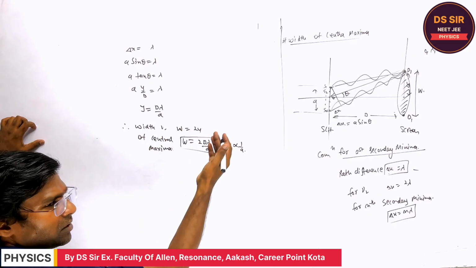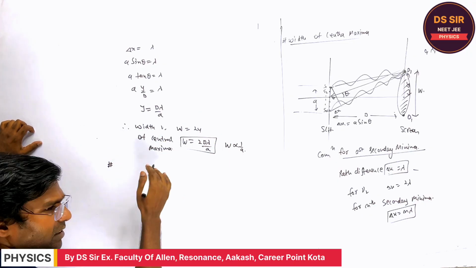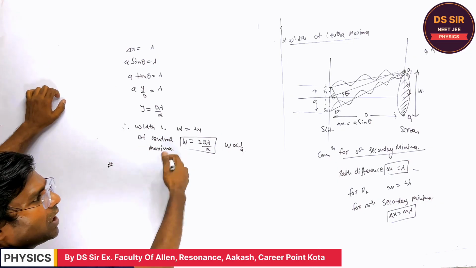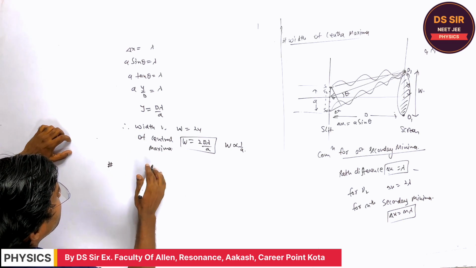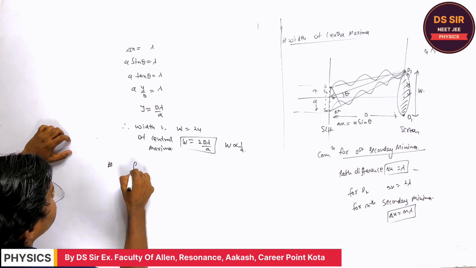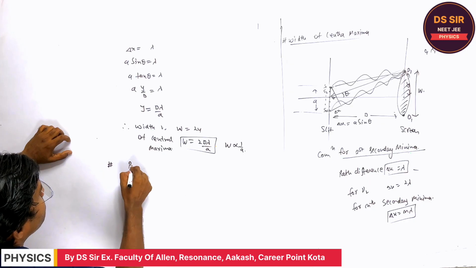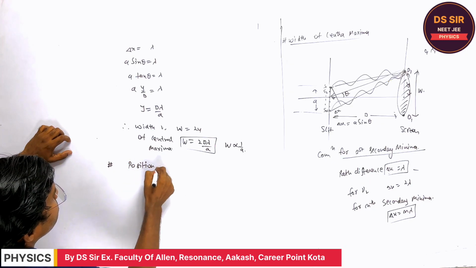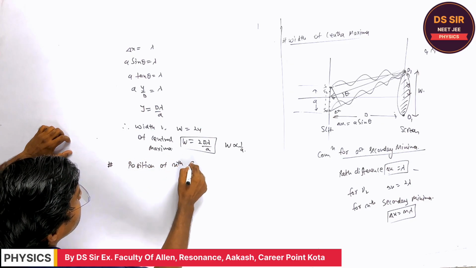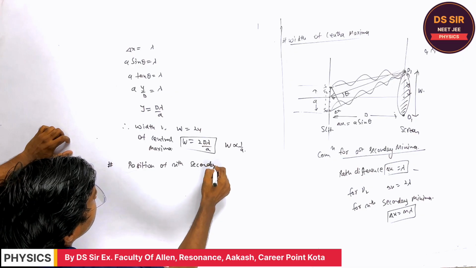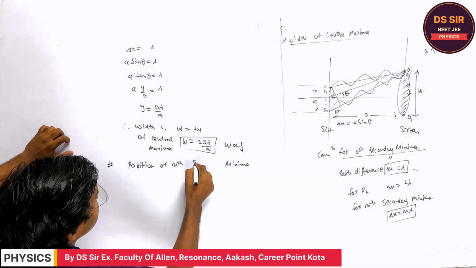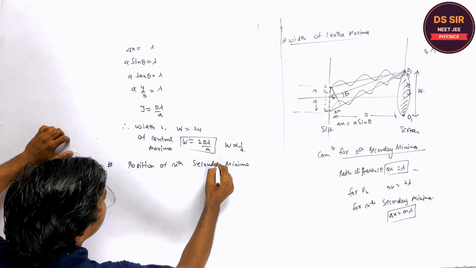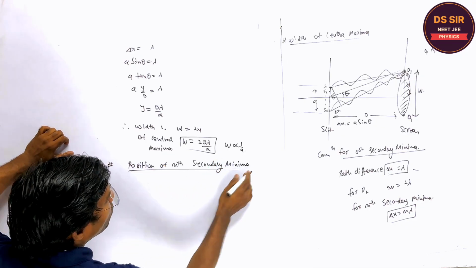If we want to find the position of the nth dark fringe, the nth secondary minima, how to find it?